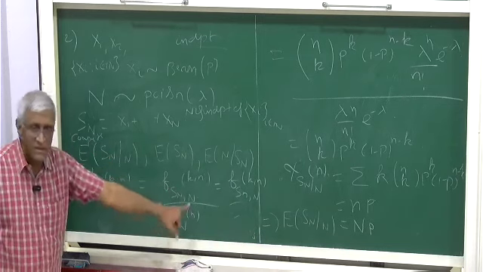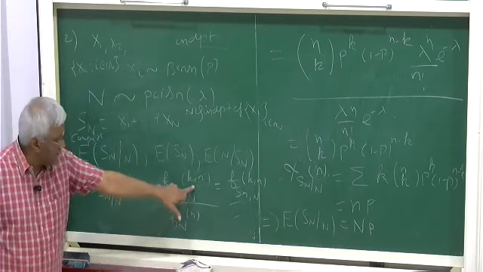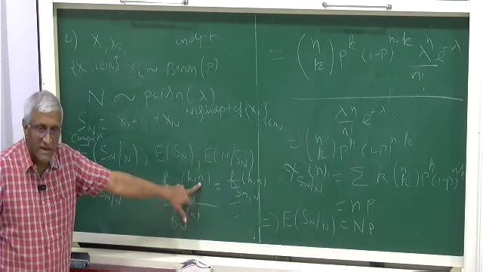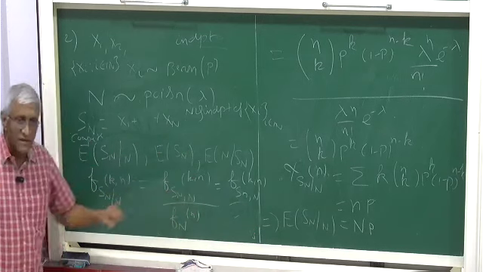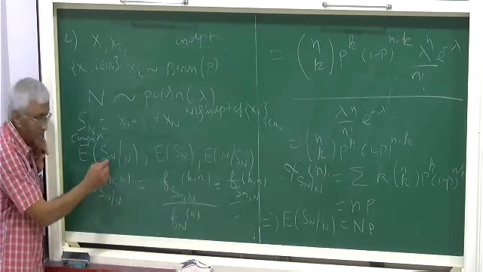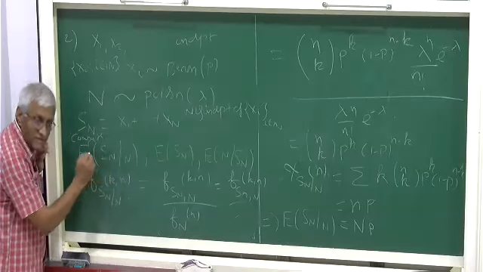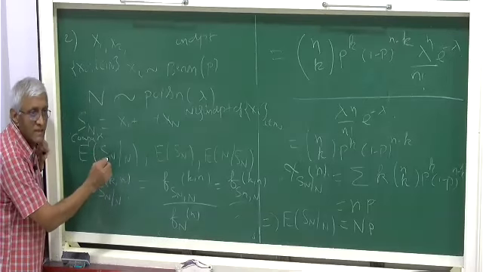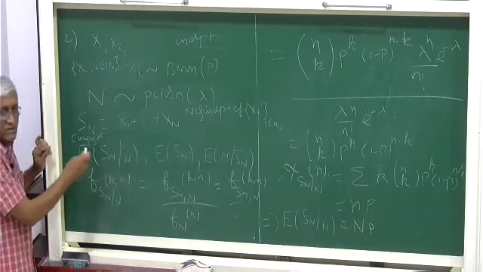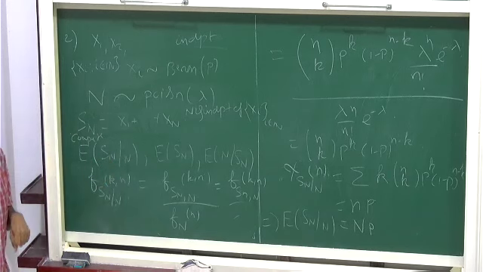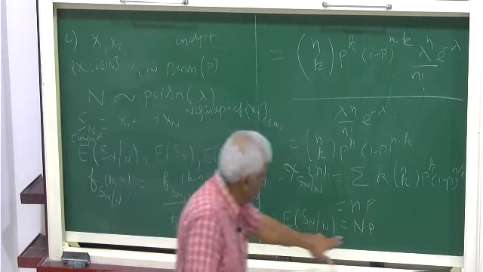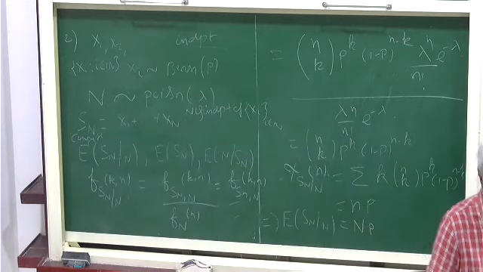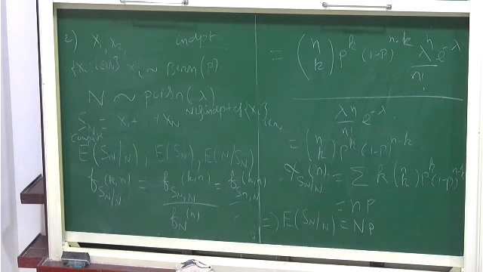Unless you fix a value, capital N equal to n, you can't use linearity, because the number of terms in the sum itself is random. It is not a fixed number of terms. Then you can use linearity. So this is the answer, np. You can try doing it the wrong way and see whether you get the right answer. You may not.